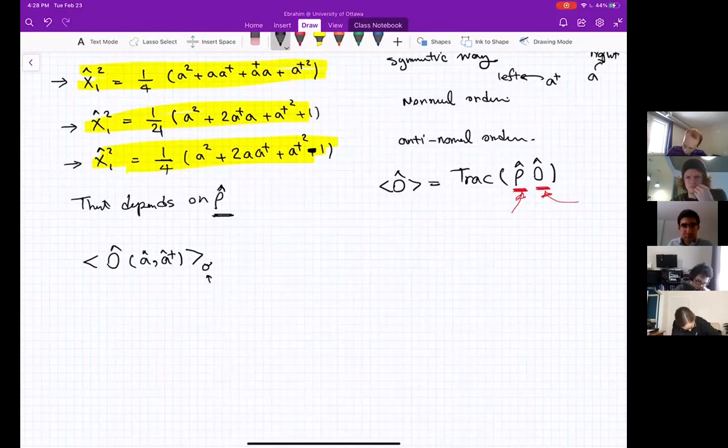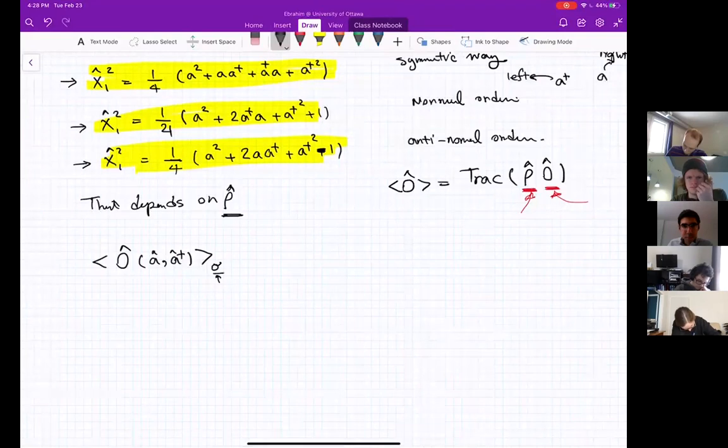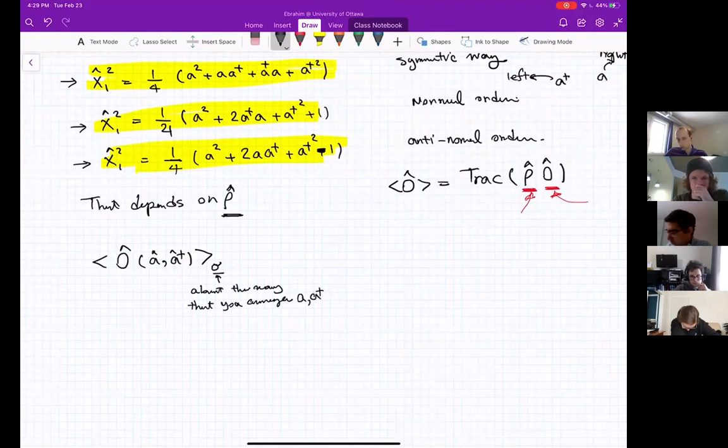But just remember that this sigma tells us about the way that you arrange the operators A and A dagger. And this is the trace of rho and the operator of A and A dagger.